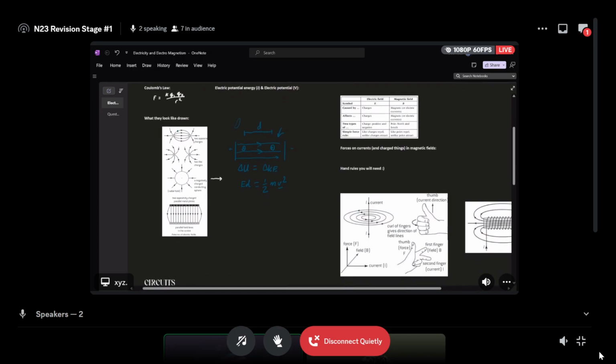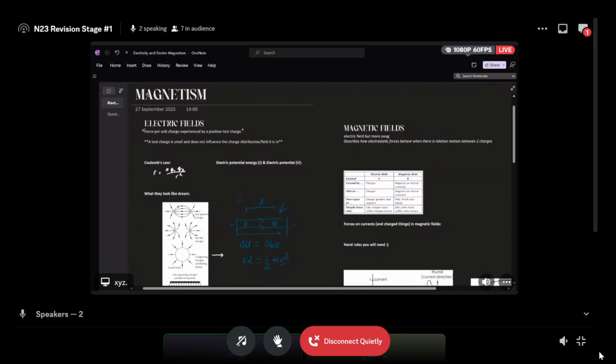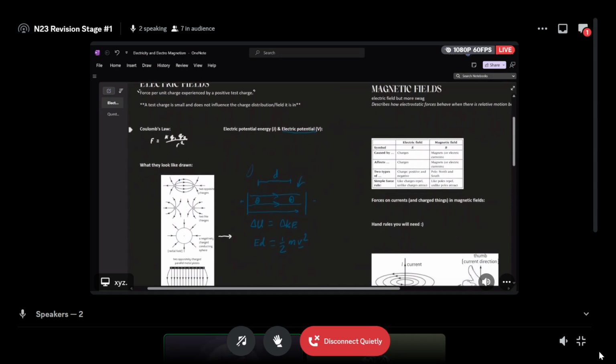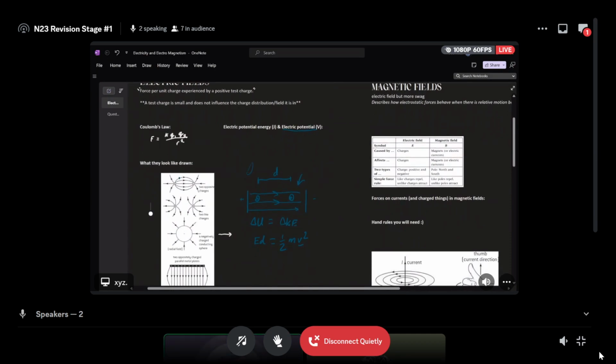The good thing to remember is that force and electric potential, or any potential really, have a relationship. This relationship is more explored in topic 10, but it's good to have an idea of it in general, in topic 5, and also in physics in general.